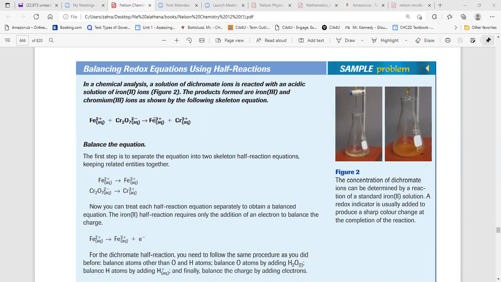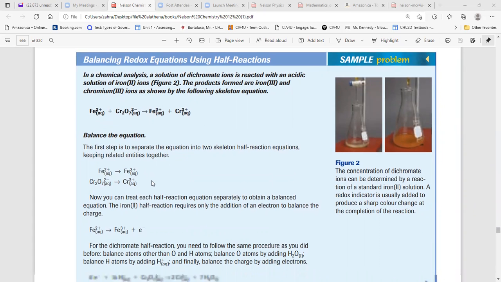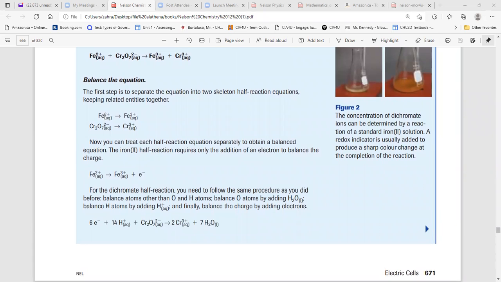So Fe2+ going to Fe3+ is one of the reactions, and Cr2O7 2- going to Cr3+. What is happening from Fe2+ to Fe3+ is losing 1 electron, so that's why you put the electron here.